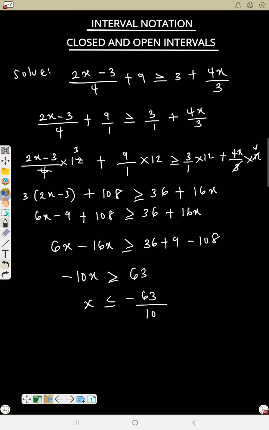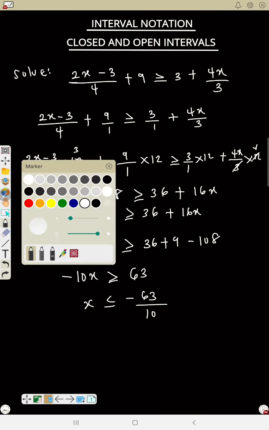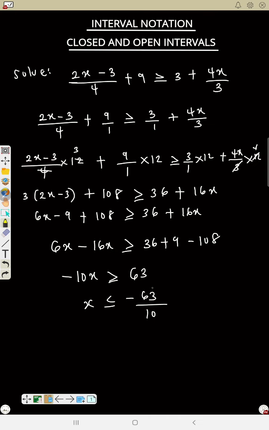Now the solution of this, if you want to represent it on both number line and interval notation. Since this is negative, that means to the negative side. And I've told you that plus or minus infinity is always open at that point. So x is a member of, I'll open, then minus infinity, comma 63 over 10.